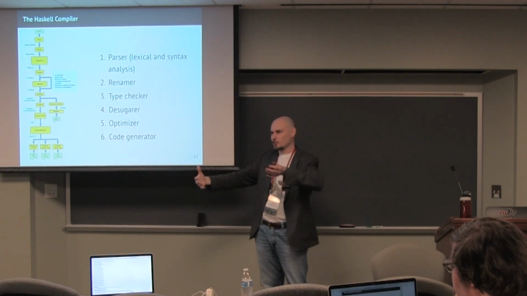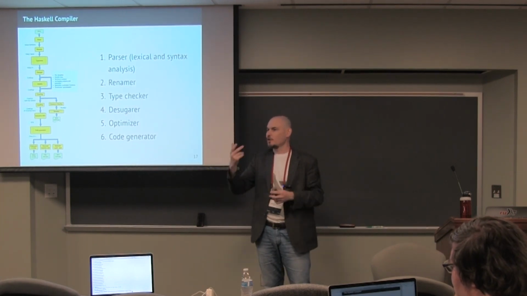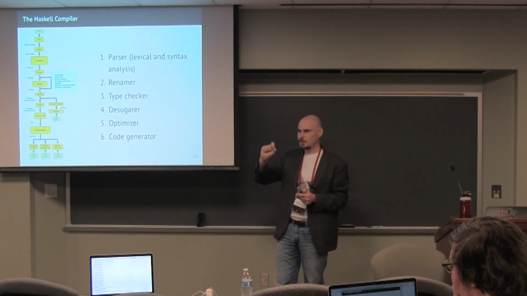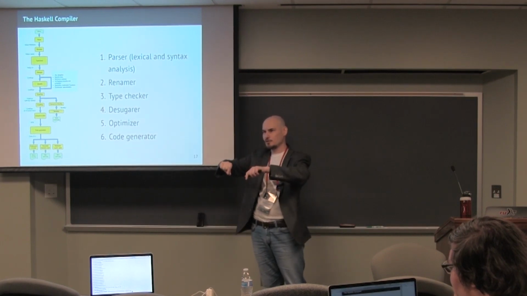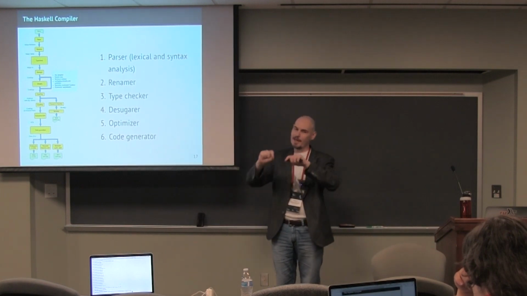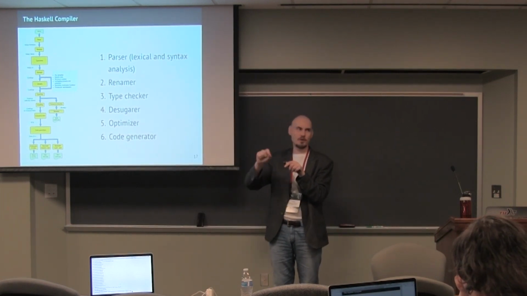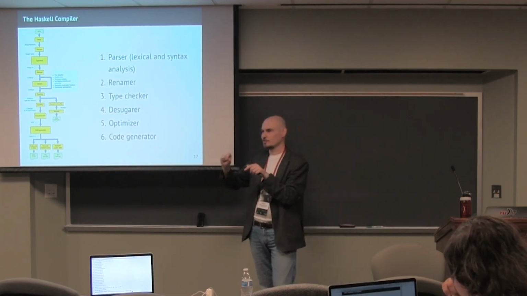If everything goes well, it should generate something which is good. We also have the possibility to write something in this desugared code and feed it to the compiler, and then it is possible to have some problems there. I will say several words about that, but not much.